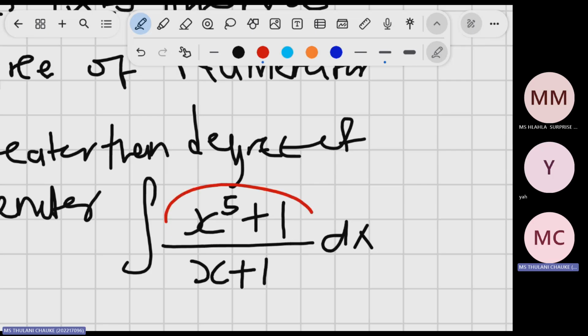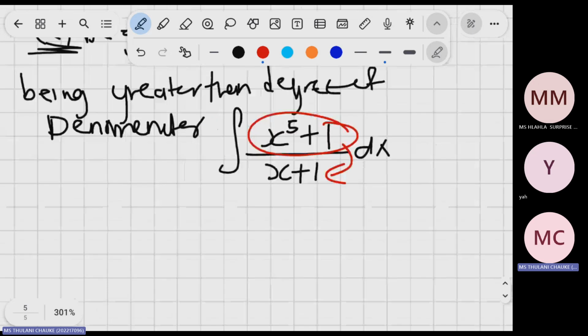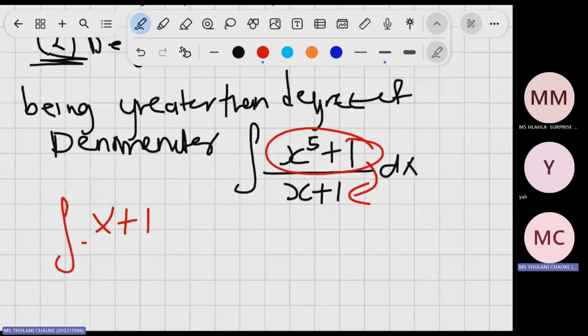You see the degree of the numerator is greater than the denominator. But when you have the integral of x plus 1 over x to the 5 plus 1 dx, this is fine.